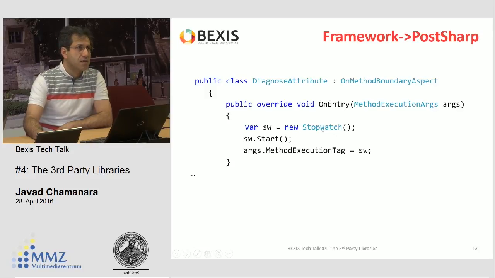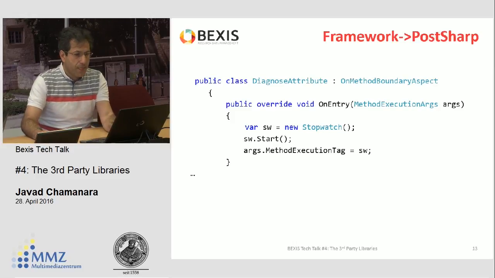Here, the start of this method is captured, and later the end time is captured, and the difference is the time that method took to execute. Extra things can be done, and we have used PostSharp, I guess, for different scenarios that we will see later.